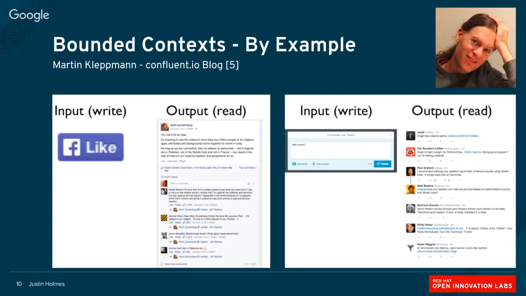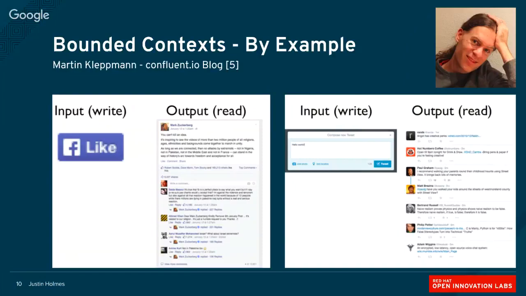And that's really important. And this is essentially the idea of a bounded context. It's essentially the idea that I've got one word or one concept, but when I use it in a different context, it actually means something different. Even though the word's the same, the concept is still the same, but it's semantically different. It has different meaning. It has different importance because it's in a new context.